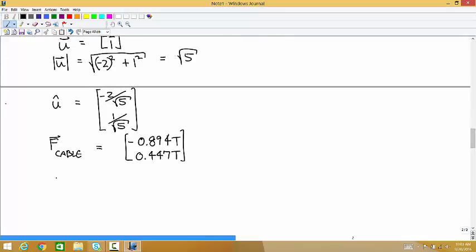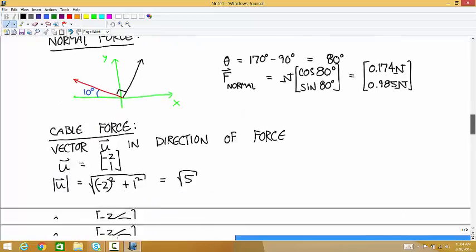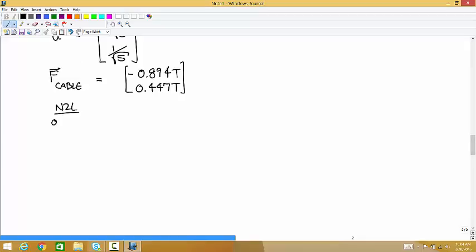Okay, so now we're ready to go to Newton's second law. We have these three forces. The weight is 0, negative 196.2.